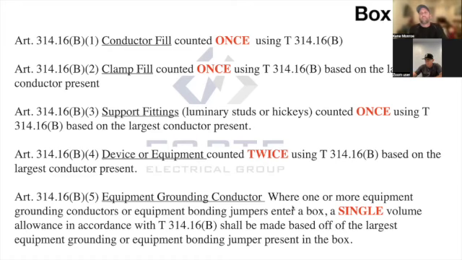If they tell you there's a grounding conductor in there, you've got to use that multiplier, multiply it times 1, and add that in. So if we were using 14, it'd be another 2, which would make that box fill 12 instead of 10. So you'd only have 6 cubic inches left instead of 8.